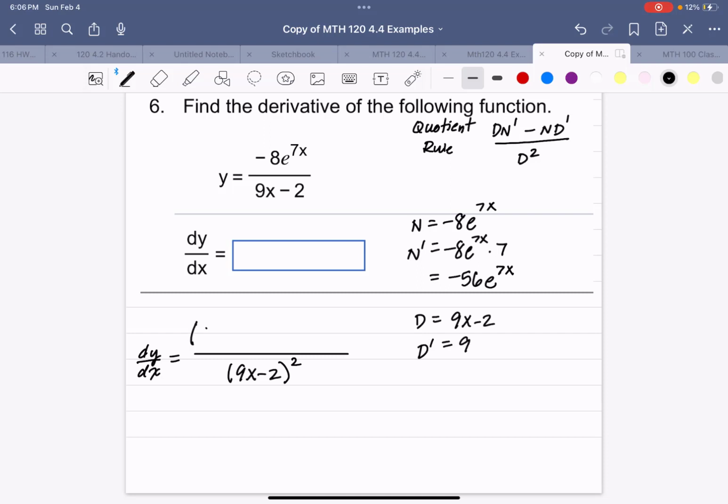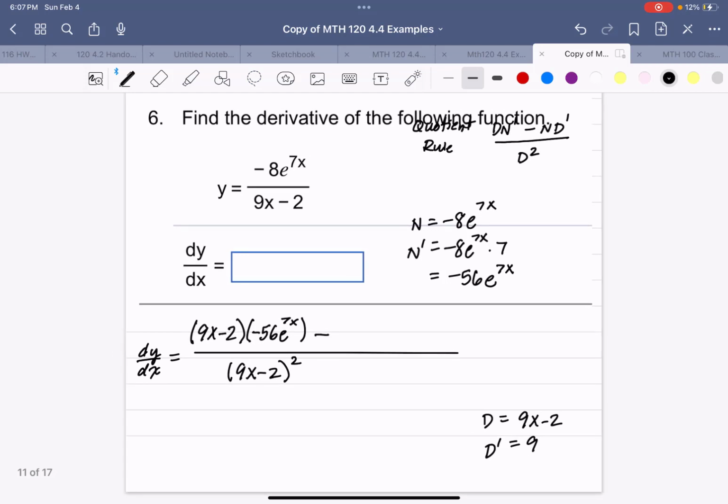So I start with my denominator, which has multiple terms, so I need parentheses. Derivative of the numerator, the parentheses mean multiplication, so it doesn't look like subtraction, minus the numerator, negative 8e to the 7x, derivative of the denominator, which is a 9.